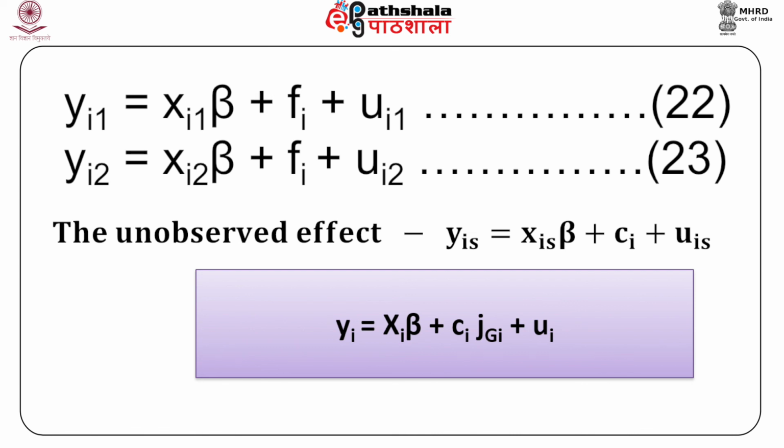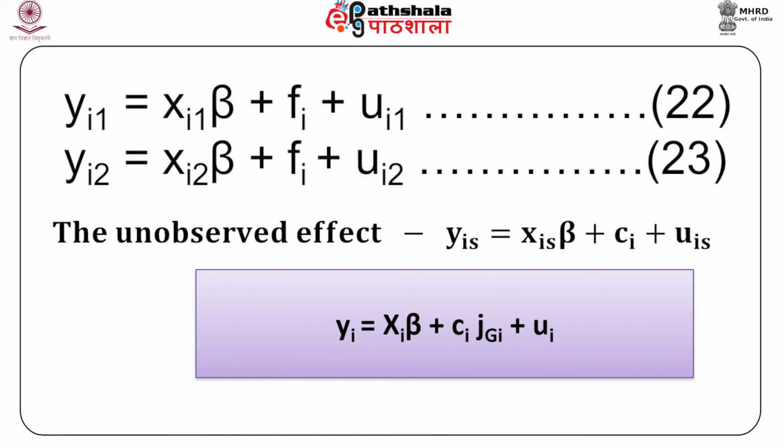In cluster samples, the number of observations within a cluster usually differs across clusters. For cluster i, the model can be written as y_i is equal to X_i beta plus c_i j_Gi plus u_i. This is our equation 25.